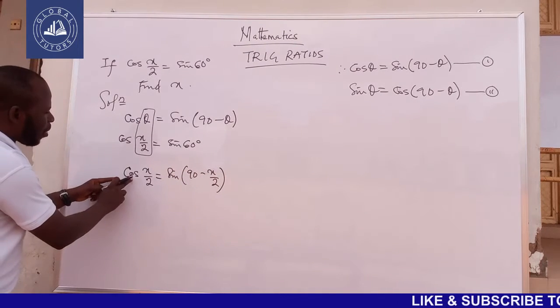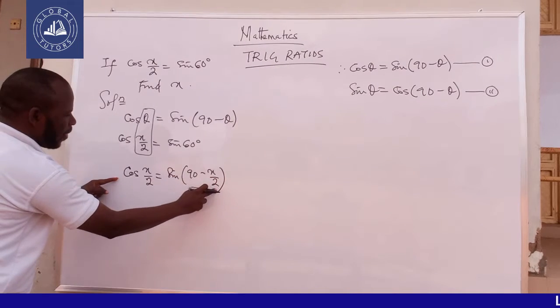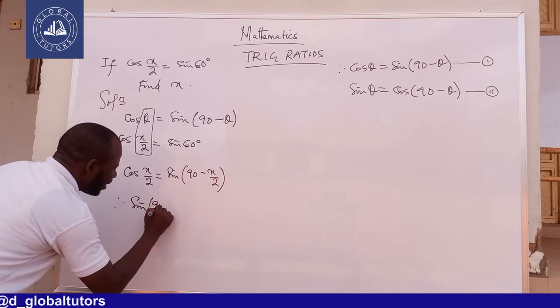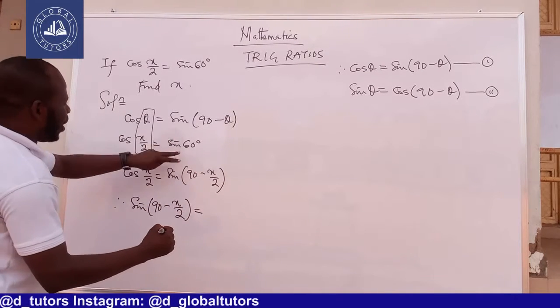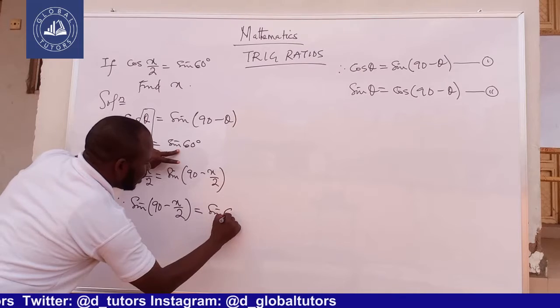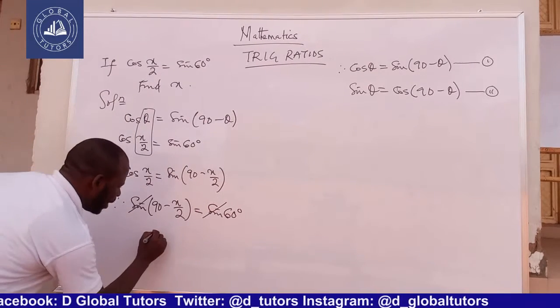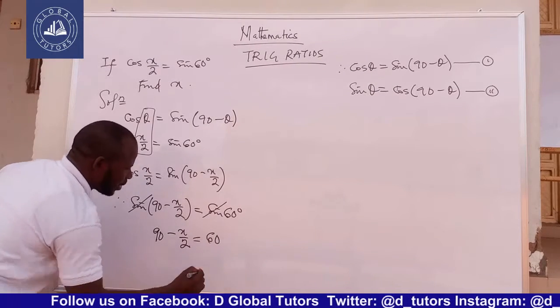So anywhere I see cos x over 2, I can put sine 90 minus x over 2. So therefore, I have sine 90 minus x over 2 equals, what do we have? Sine 60 degrees. Sine. So what am I left with? 90 minus x over 2 equals 60.